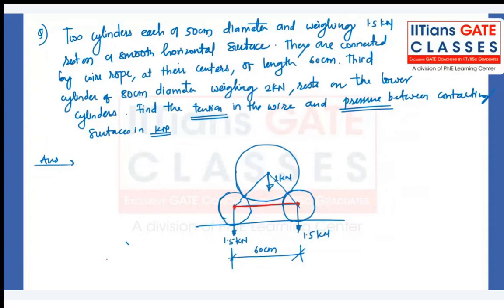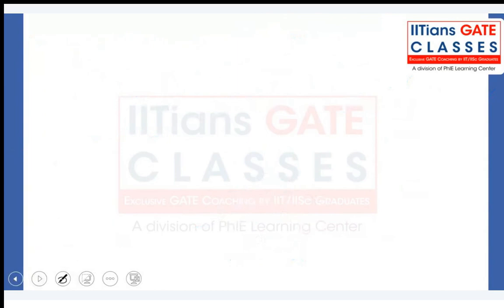Okay, let's solve it. I will help you with the free body diagrams. If you look at the free body diagram of the small roller, you can post your answers if you are done.